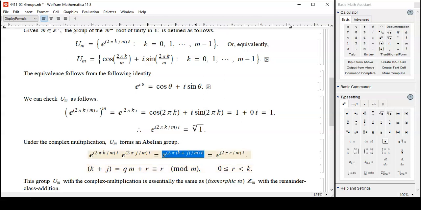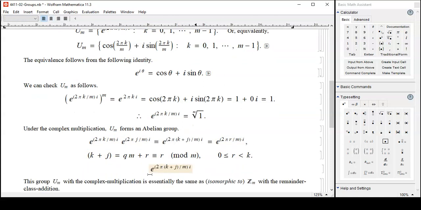Consequently, this whole thing can be rewritten as 2 pi qm over m, and that one, plus 2 pi r over m, like that.